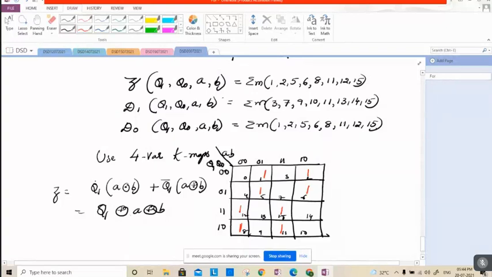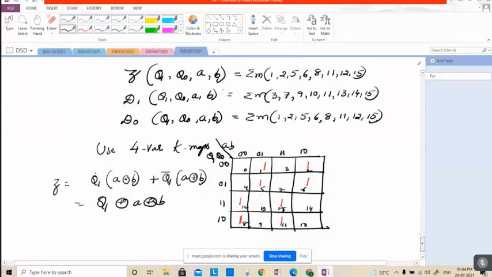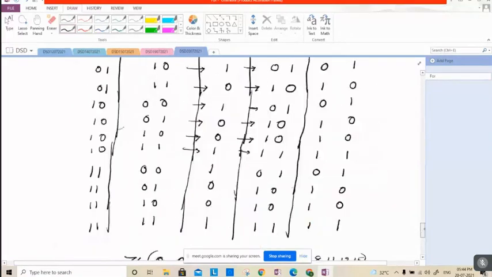What is the value of D1 and D0? D1 equal to AB plus Q1B plus Q1A.